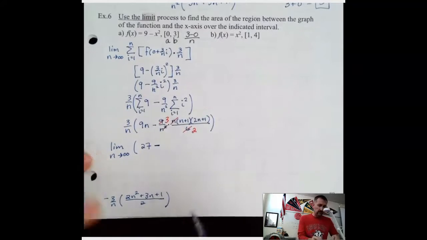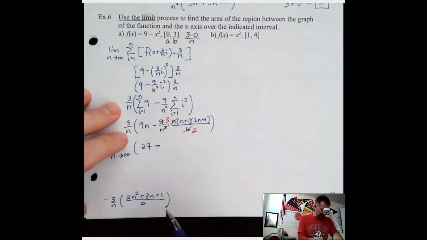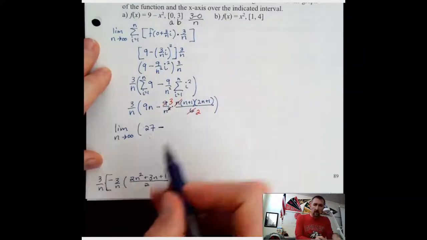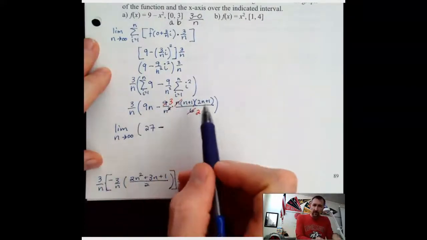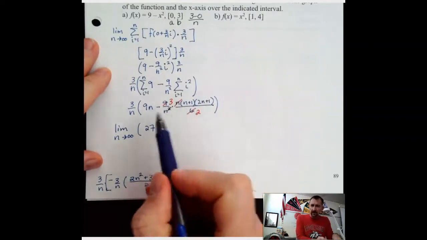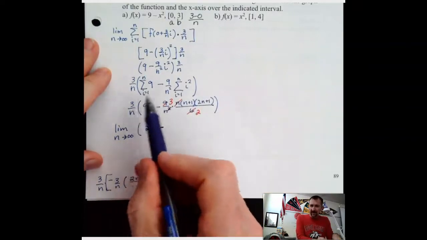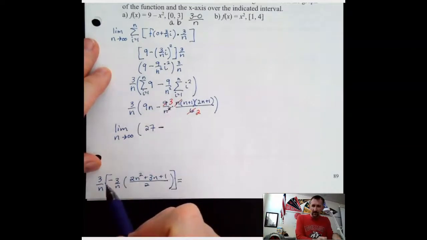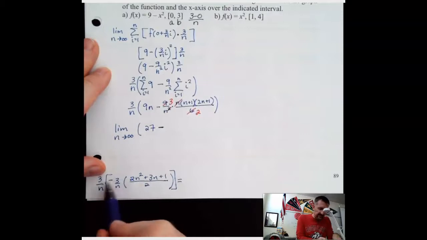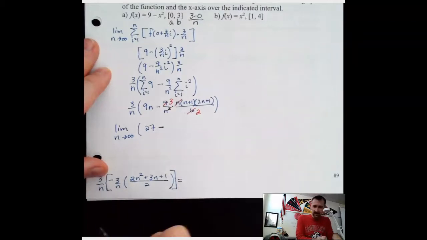Okay, so I multiplied that trinomial out right here, and then we also have this 3 over n here that we need to multiply by as well. So there's going to be 3 terms here. So this is negative 9 over n squared. And then I need to divide these all by 2, and then I need to distribute. So this is not very clean, I apologize.